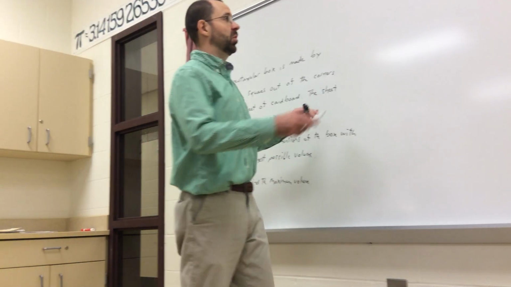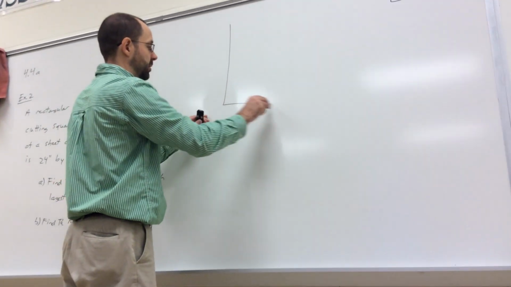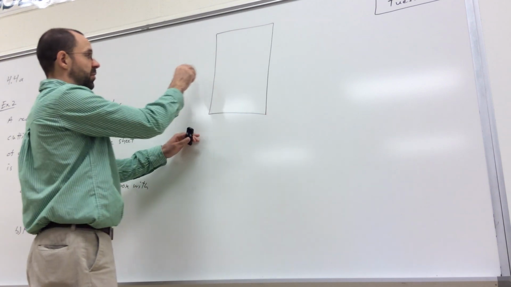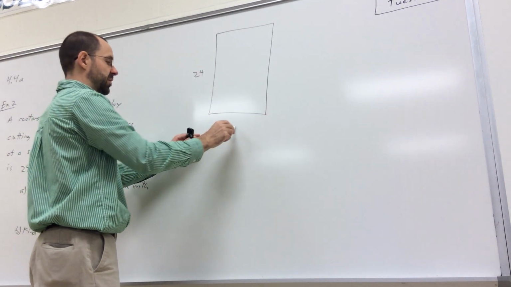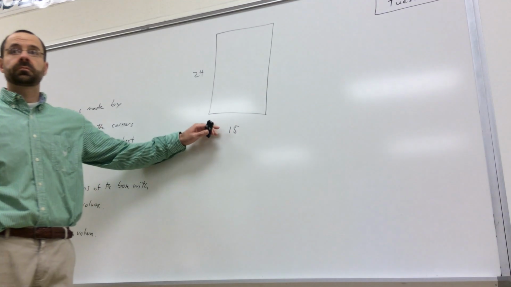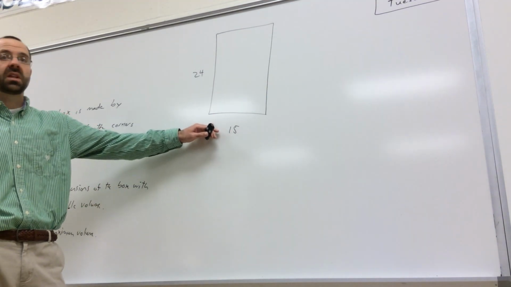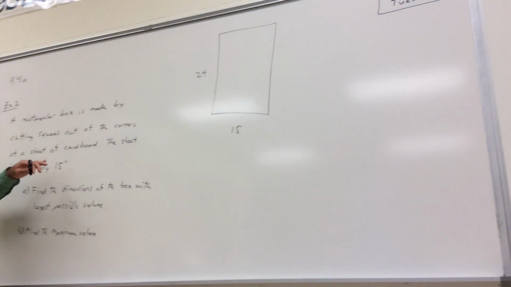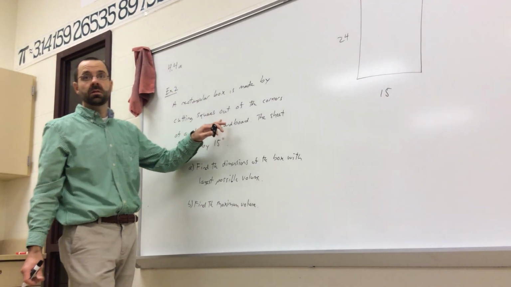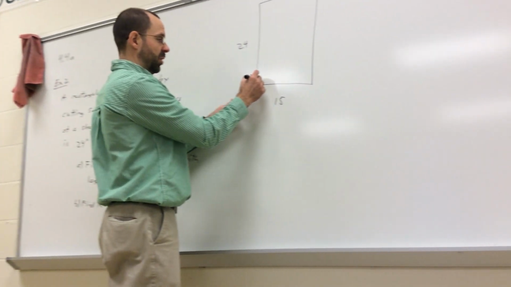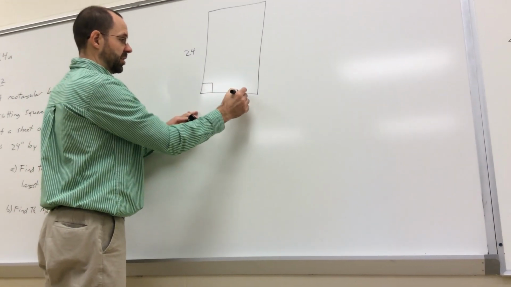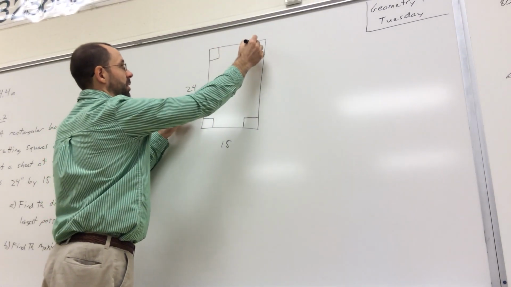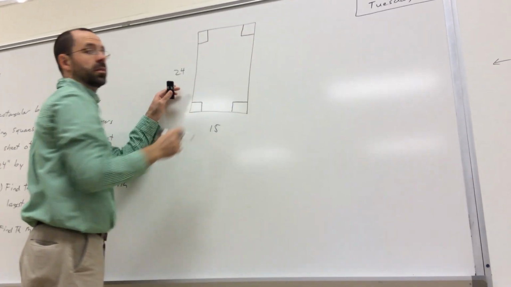So we have the sheet of cardboard. Looks like this. It's 24 inches on one side and 15 inches on the other side. And then what they're going to do is cut squares out of the corners. So cut a square here, and a square there, and a square there, and a square there.